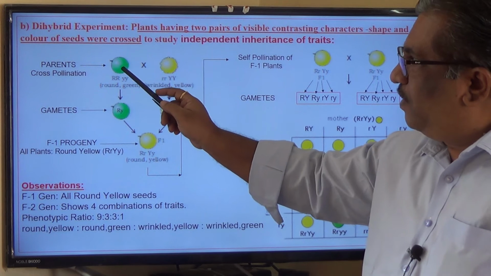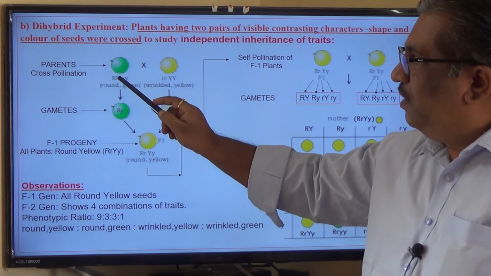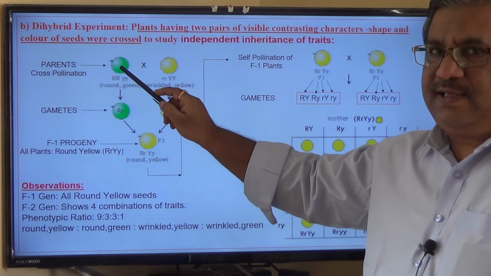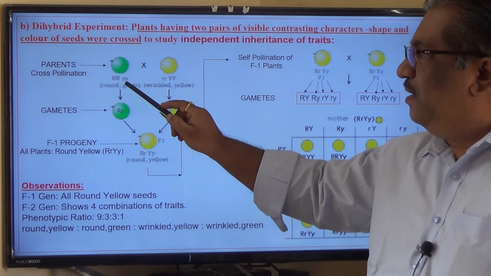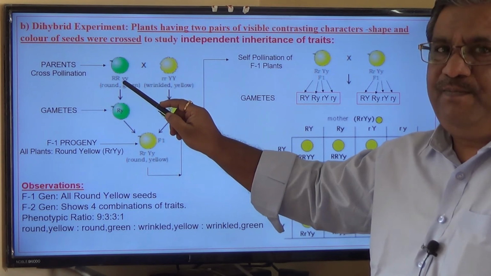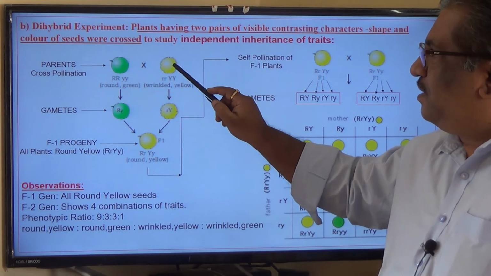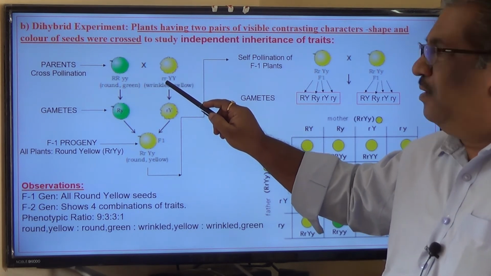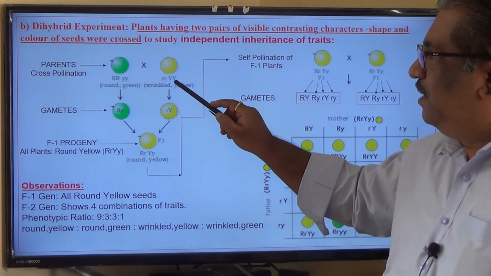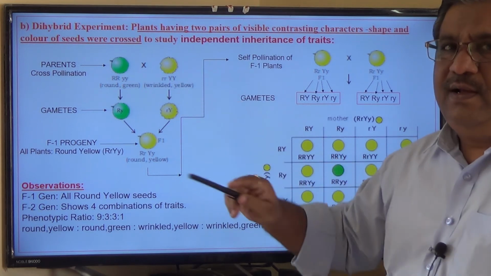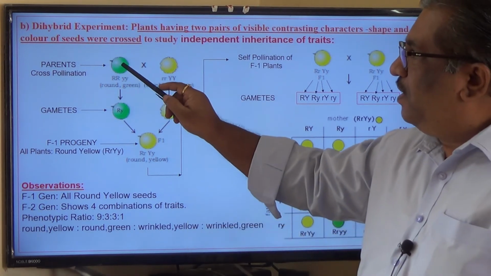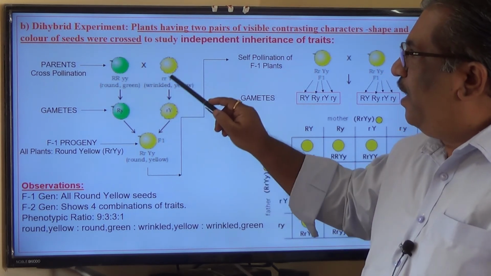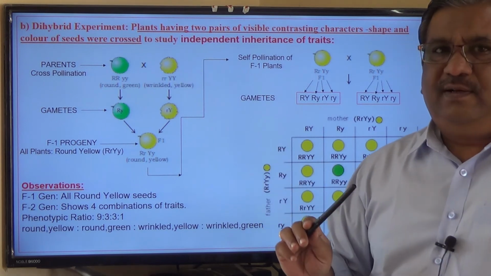If you look at this one, roundness we are using capital R, whereas for greenness we are representing small y here. In this case, the wrinkledness is represented by small r, whereas yellow color is represented by capital Y.